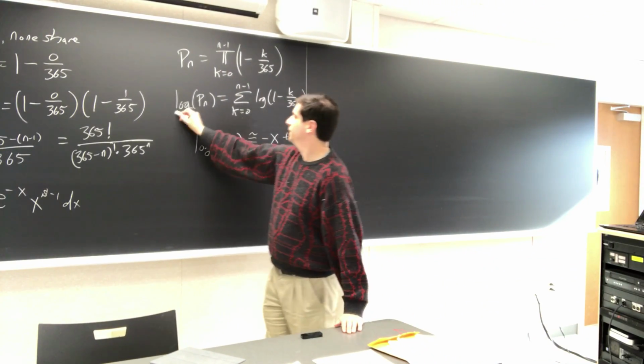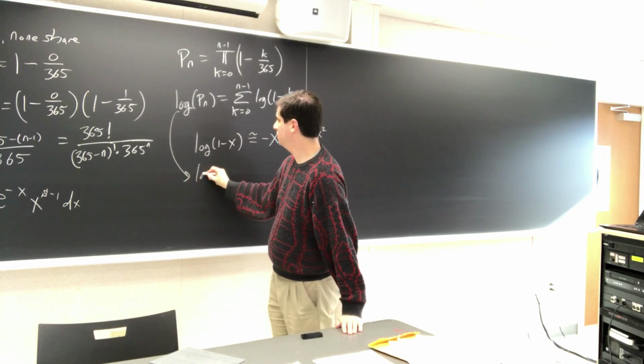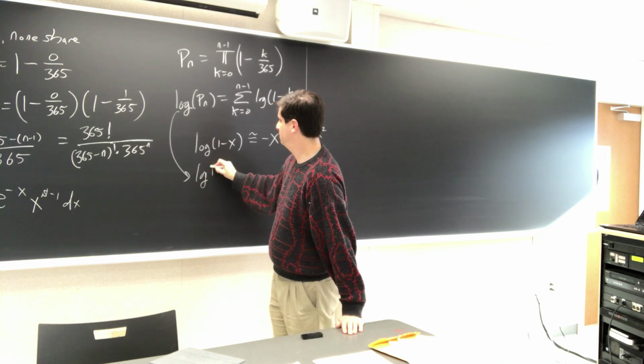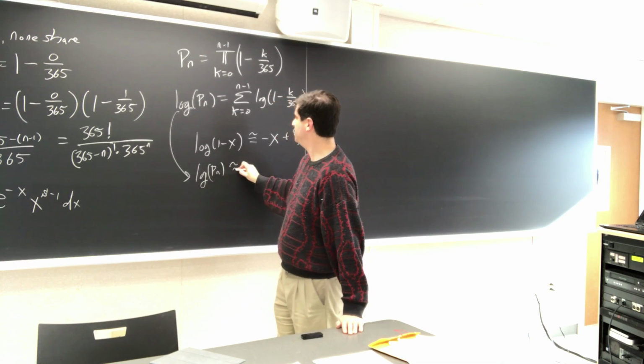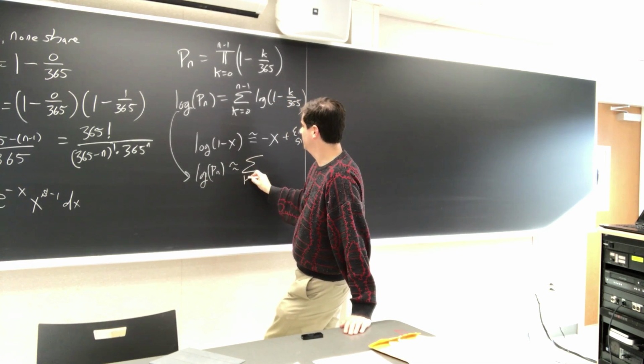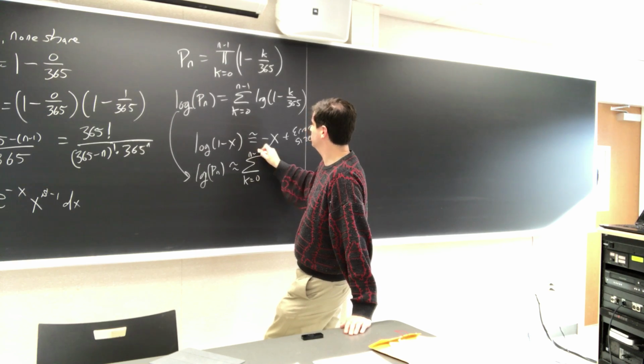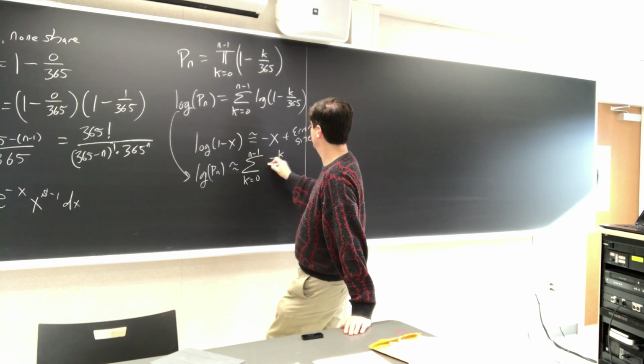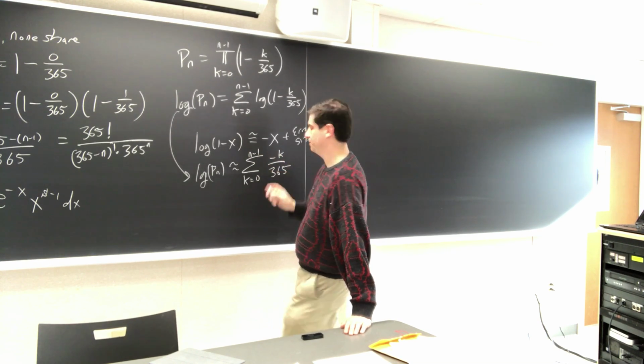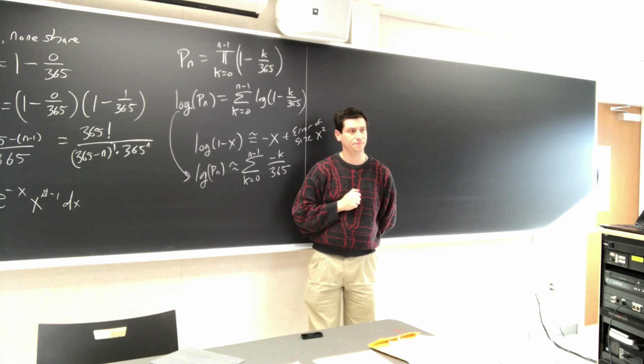So now, if we substitute this in, we get the log of Pn should be approximately the sum, k goes from 0 to n minus 1, of negative k over 365. So this is now a good opportunity to review sums.